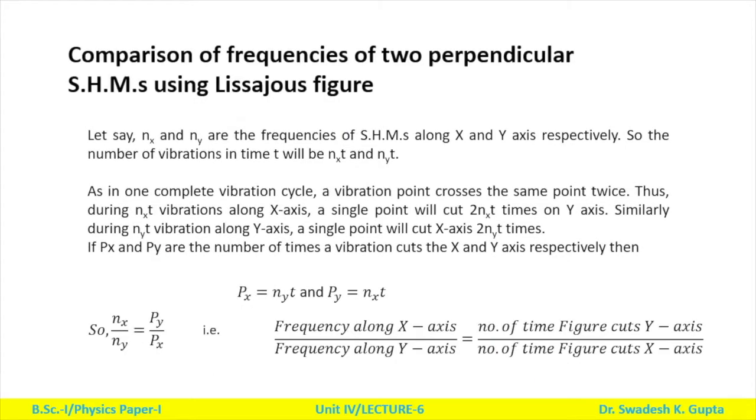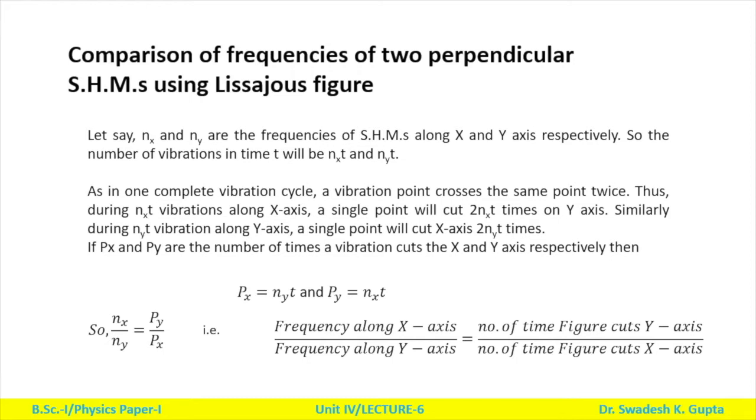Now coming to the comparison of frequency of the two perpendicular SHMs using Lissajous figure. So if you are given some Lissajous figure, then how can you estimate or compare the frequencies of the two SHMs? Here we will learn this.